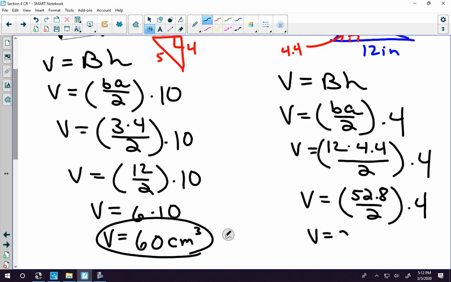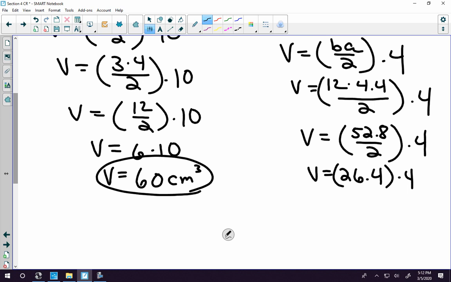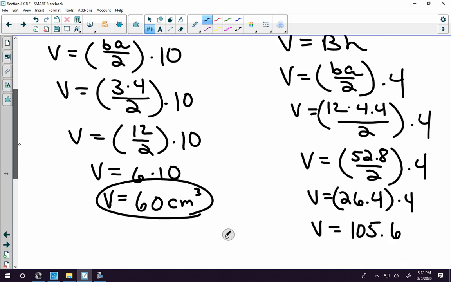So it's going to give us 26.4 times 4. If we quadruple 26.4, we're going to get 52, 104, 104.8, 105.2, 105.6 cubic inches.